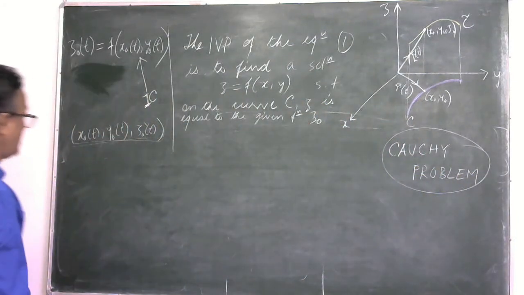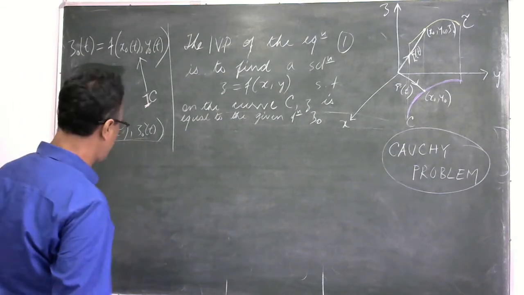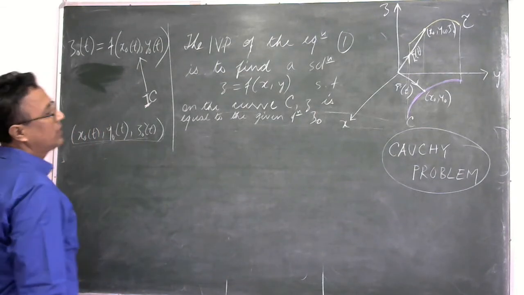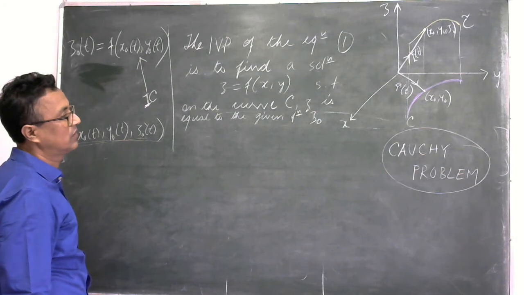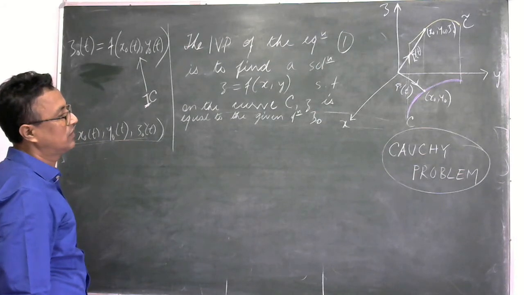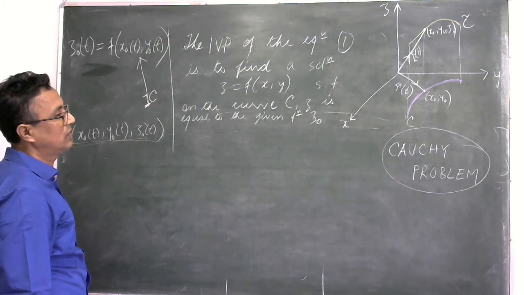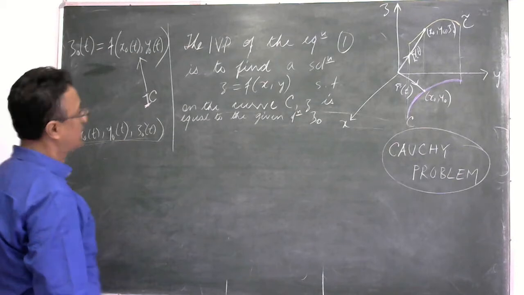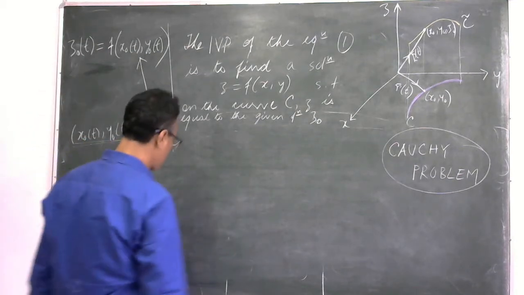Now I'll tell you again. Let me re-summarize. Sir, why will the initial condition be of that form, z naught of t? Can it be somehow different from this format? Okay, let me repeat it and probably then you are going to understand.